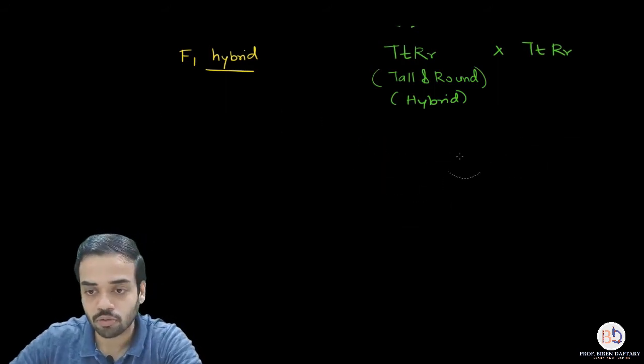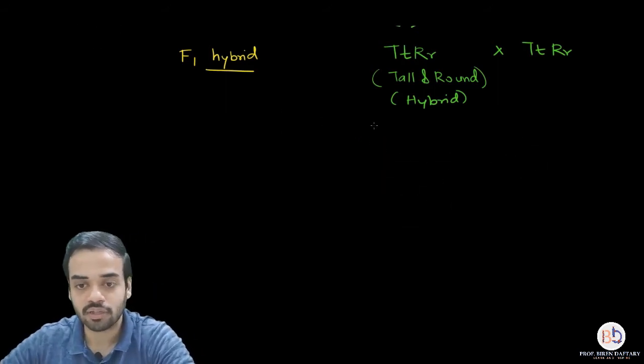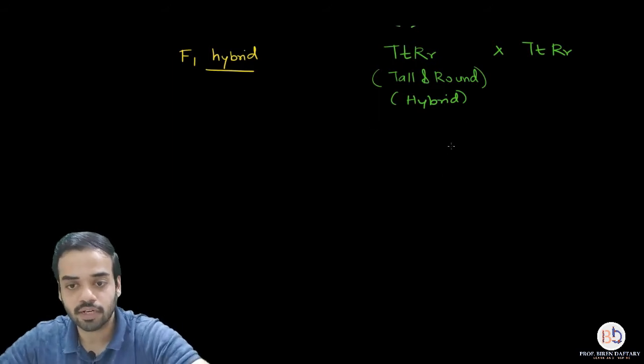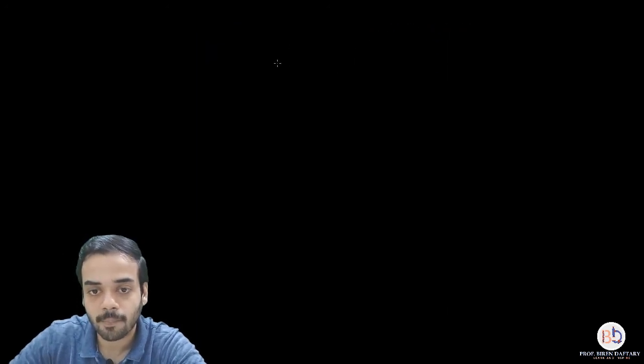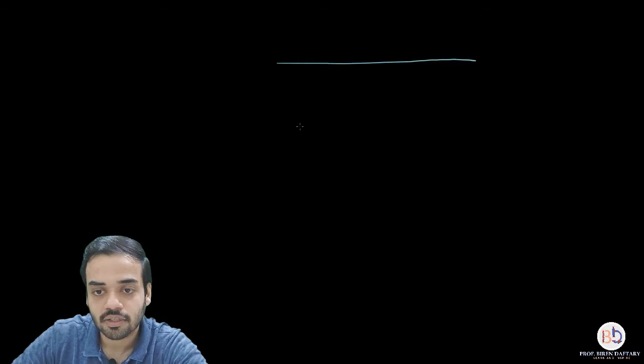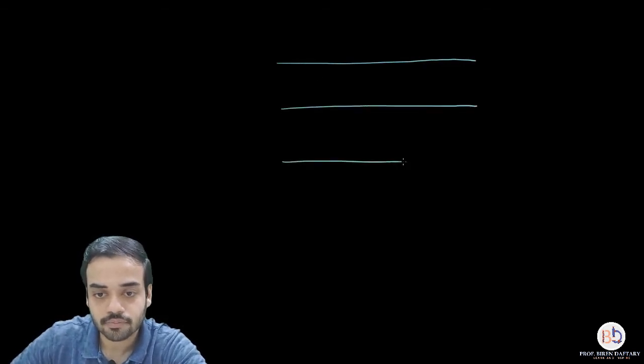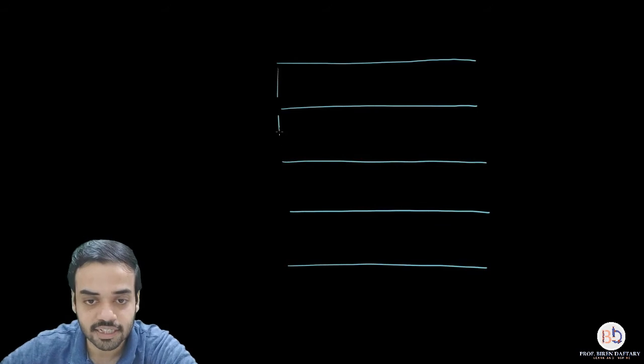So now what I'm going to do is, I'm going to basically draw that Punnett square. All right, so I'm just going to scroll downwards. Okay, we are going to need some space. So we will be having approximately 16 individuals.